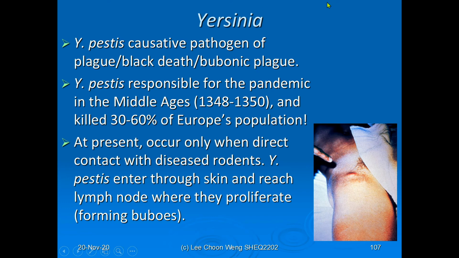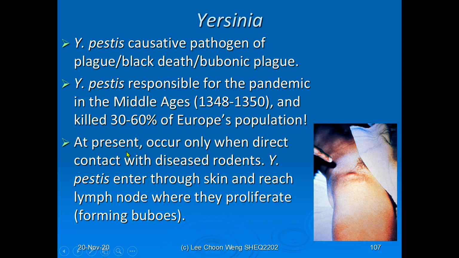So this inevitably caused the rat population to increase, and as you can see later, how an increase in rat population correlated with the increase in infection from Yersinia pestis.